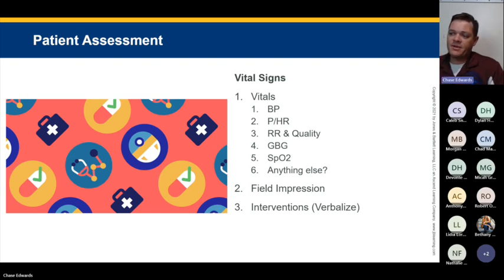Yep, it's rapid and deep at 24 breaths a minute. So we would just label that in our documentation as Kussmaul respirations. And then next, I would want to check your glucose. 450.